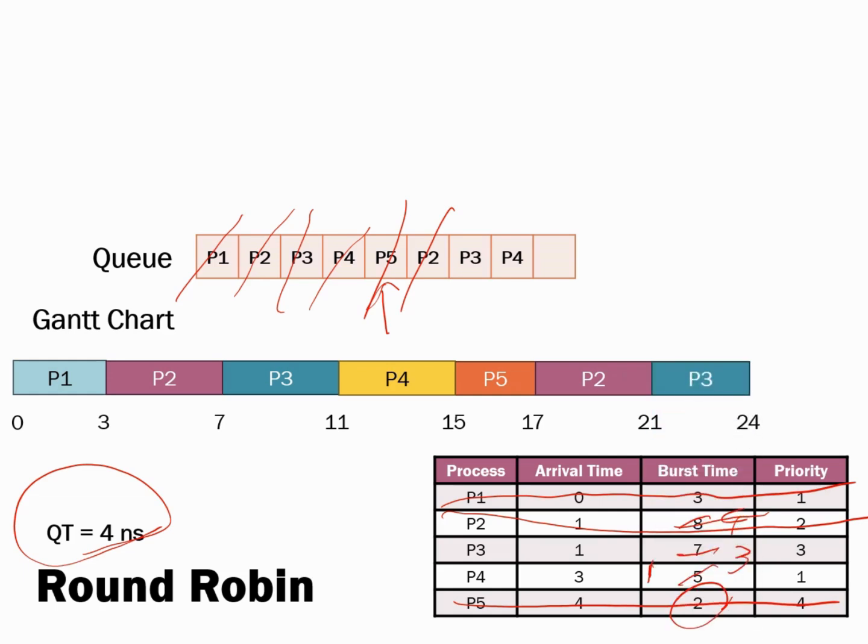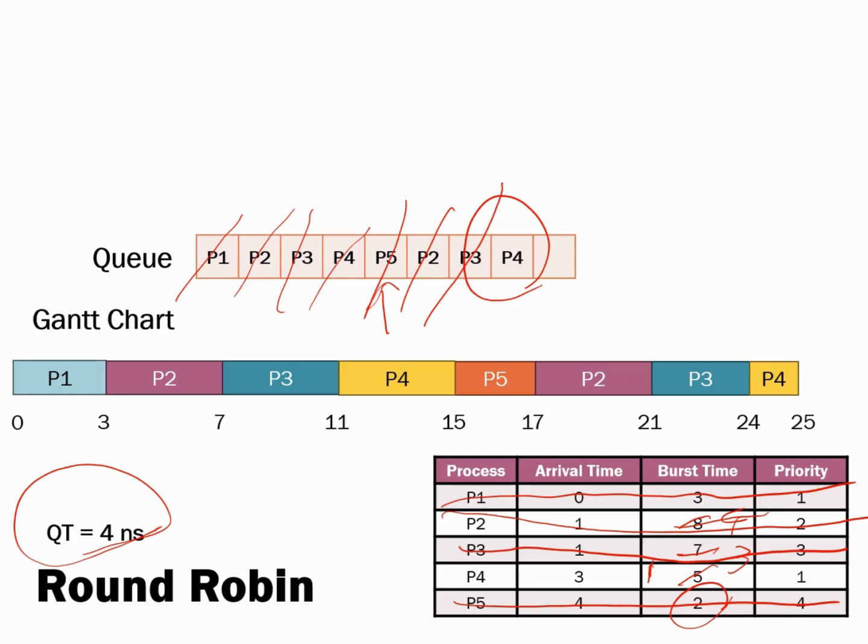P3 got the CPU for only 3 nanoseconds because only 3 remained, and 3 is less than the quantum time. Then only P4 is left, needing just 1 nanosecond to complete. So between 24 and 25, the CPU is allocated to P4.